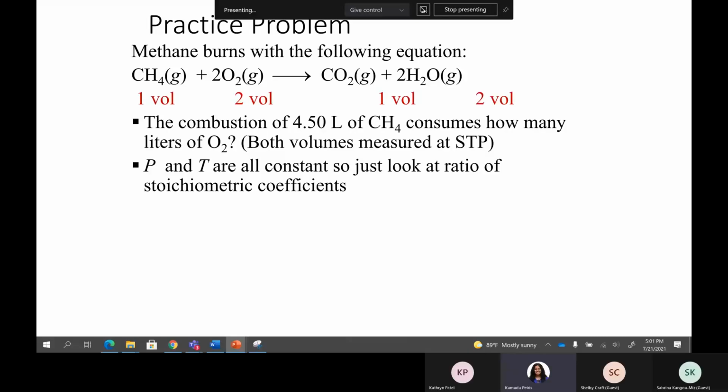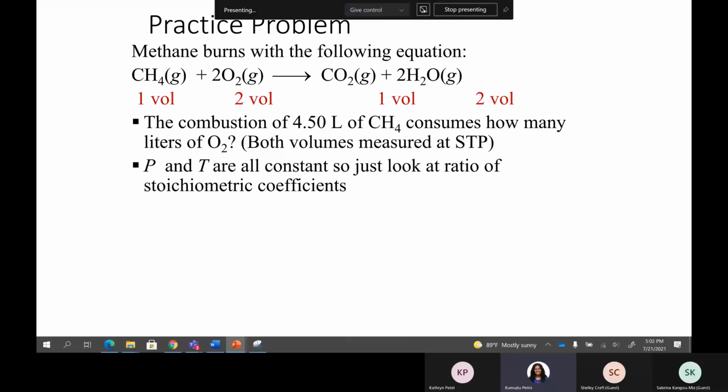Methane burns with the following equation. Let's see whether it is balanced. Yes, it is balanced. The combustion of 4.50 liters of methane, CH4, consumes how many liters of O2? Both volumes measured at standard temperature and pressure. That means the temperature and pressure are kept constant throughout this experiment, right?